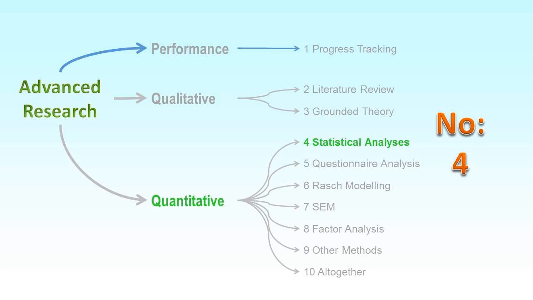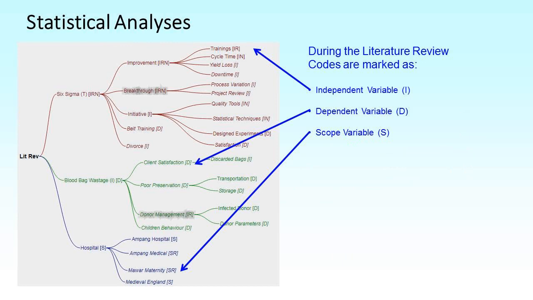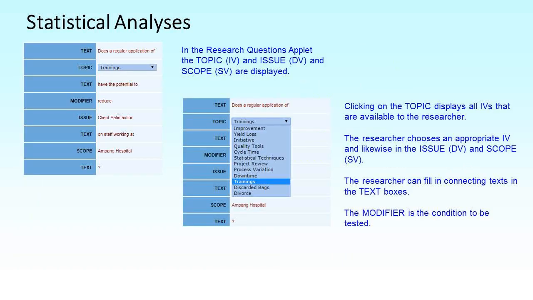Next, statistical analysis takes the position of number 4. During the literature review, codes are marked as independent variables, dependent variables, and scope variable. In the research questions applet, the topic, IV, and issue, DV, and scope, SV, are displayed.